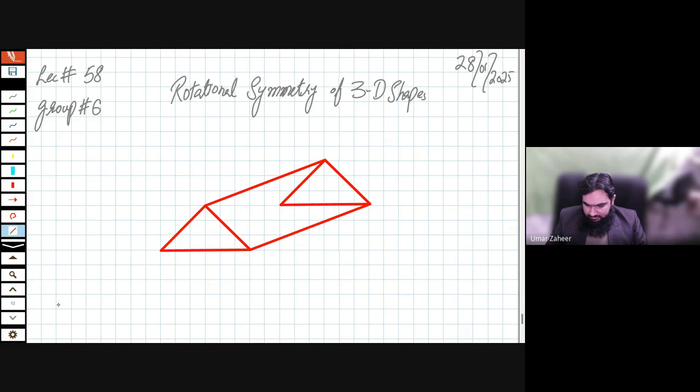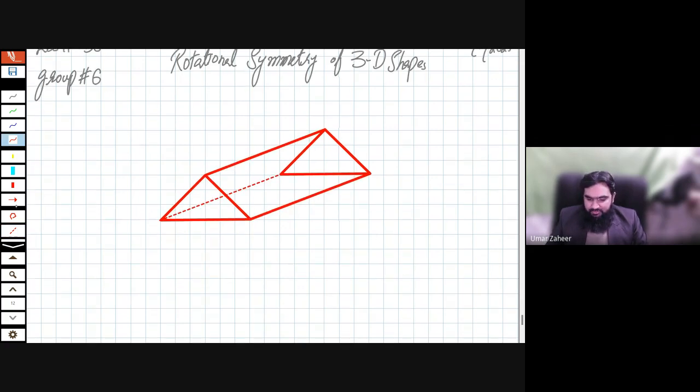All right, so look here, it's a prism shape. Let's say you have a straight line that passes exactly through the center.